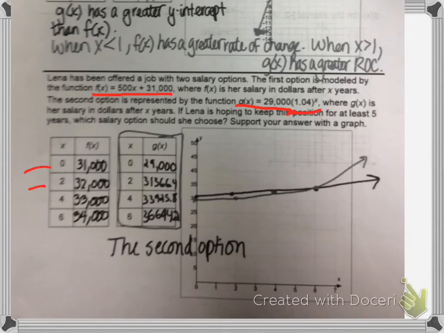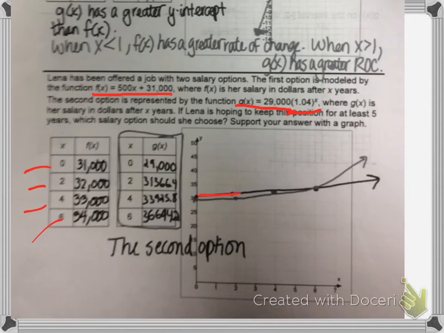So after 2 years, it's 32,000. 4 years, 33. 5 years, it's going to be 34,000. Alright, or excuse me, 6 years, 34,000. Now after 5 years, it's going to be 33,500.